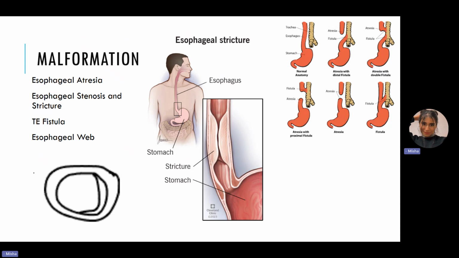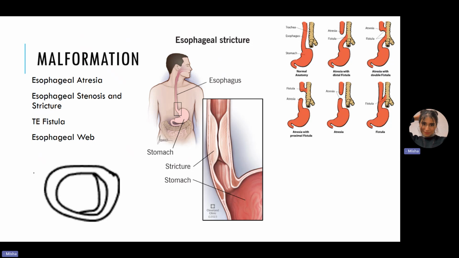Okay, so let's start with the congenital ones. These are often discovered shortly after birth due to regurgitation after feeding, and they should be treated immediately with surgery. Now, in this case, esophageal atresias are congenital blind ending, so there's a blind ending with no connection to the stomach, and it can exhibit as polyhydramnios in the uterus due to inability to swallow the amniotic fluid.